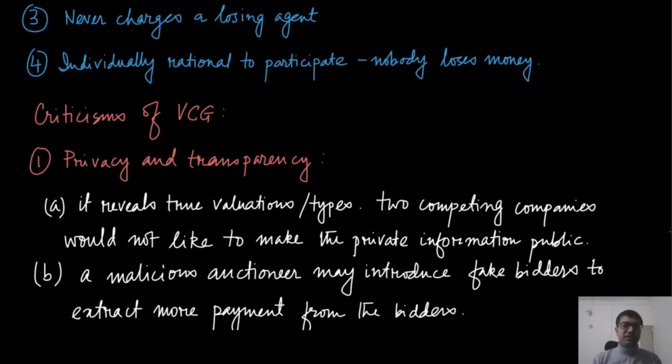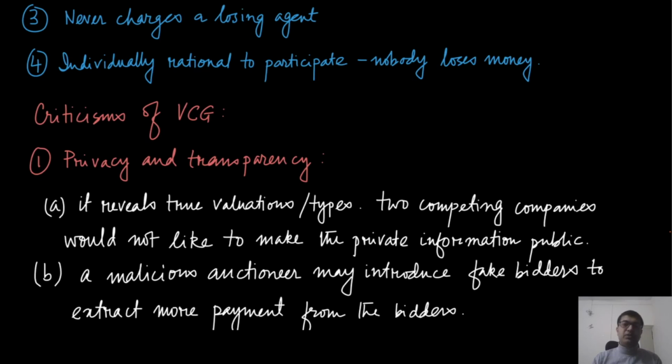That is not really happening in the context of VCG. All this private information actually becomes public after it has been announced, and because this is a truthful mechanism, everybody is expected to reveal their valuations truthfully, and that creates a lot of privacy issues.